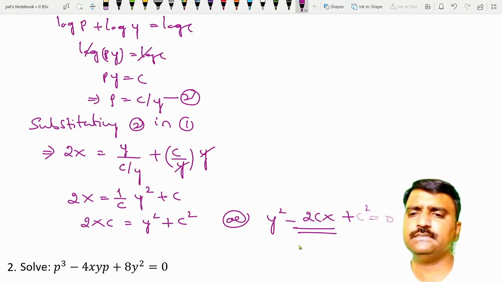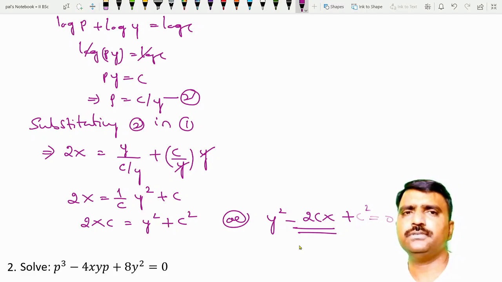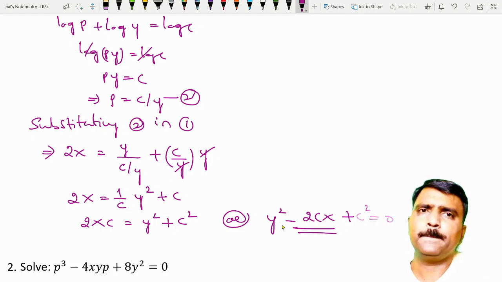So like this we find the solution of this type of equations.